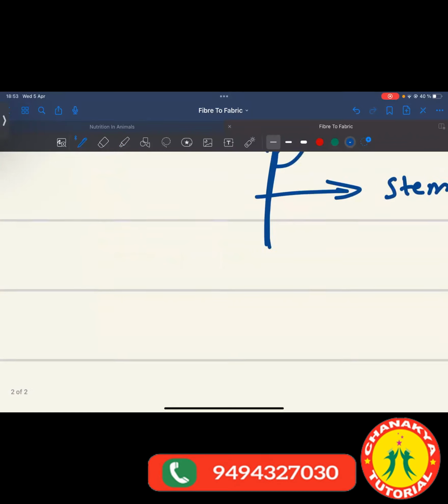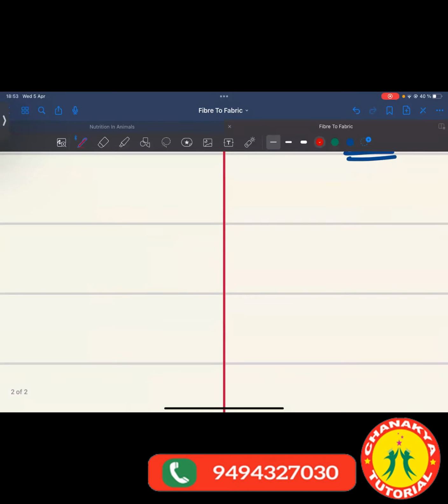So normally this cultivation occurs during the rainy seasons. And there are particular regions in India where jute is properly grown. That is mainly in West Bengal, Bihar, and Assam.